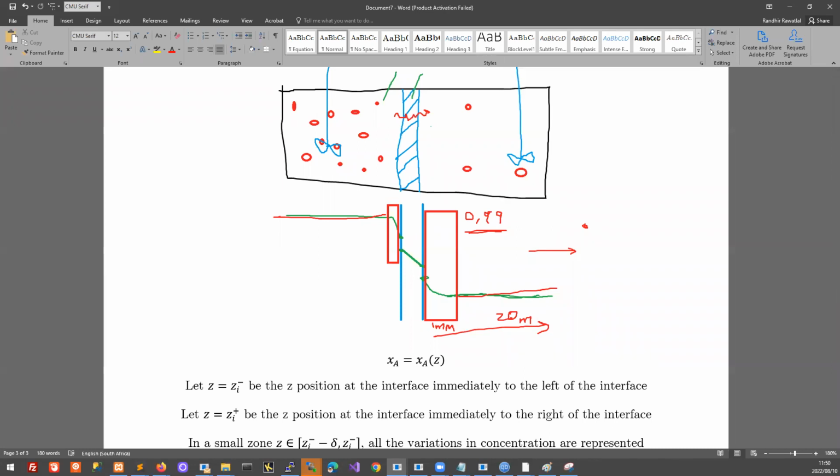Okay, and before we go further with that, I see there's a question in the chat about the units of this equation. So can you just mention which equation you are referring to there? So question 2's equation.